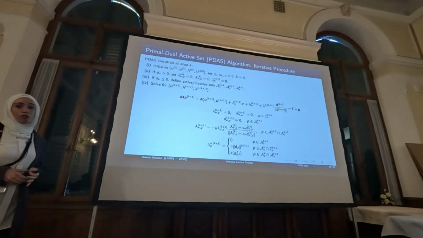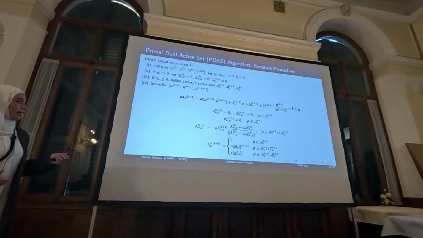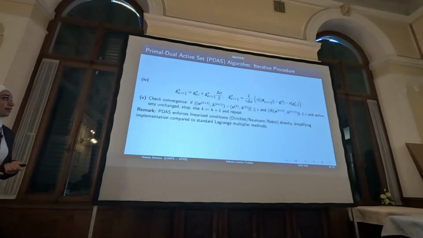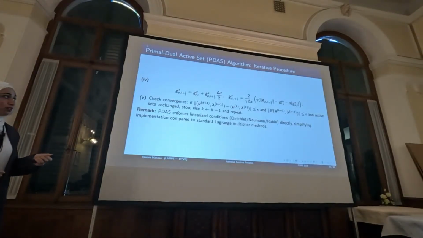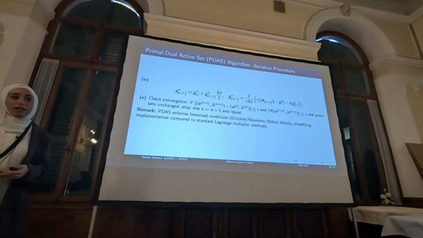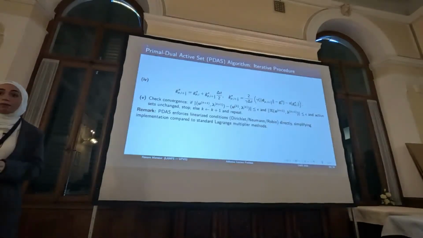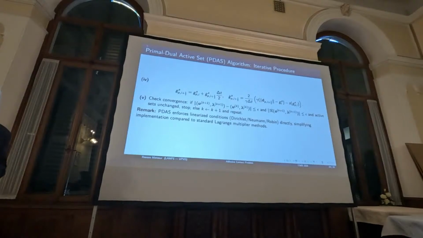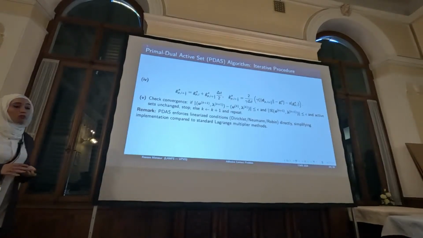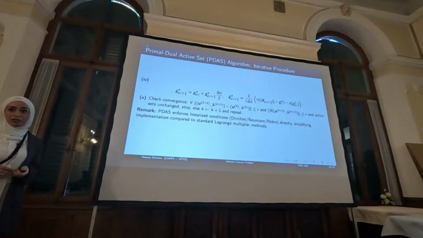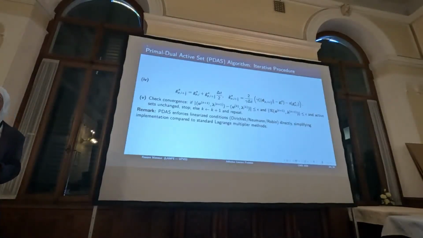At iteration K plus 1, we solve for U, lambda, lambda A by applying the linear condition. Next, we update the adhesion parameters GA and GA dot according to their evolution law. And finally, we check the convergence. One key advantage of the PDAS algorithm is that it allows solving this linear condition without introducing the Lagrange multiplier parameter, which simplifies the computation.